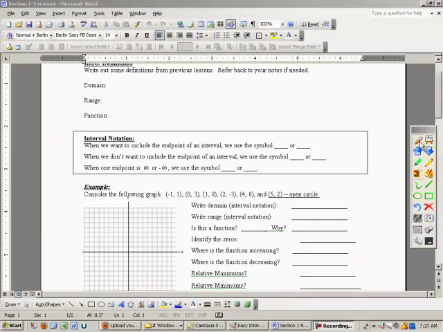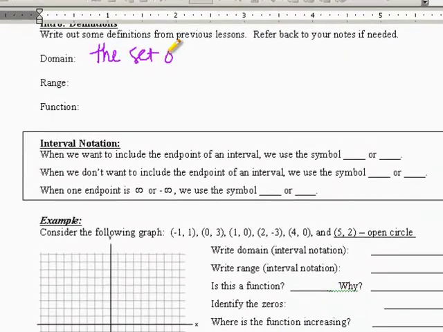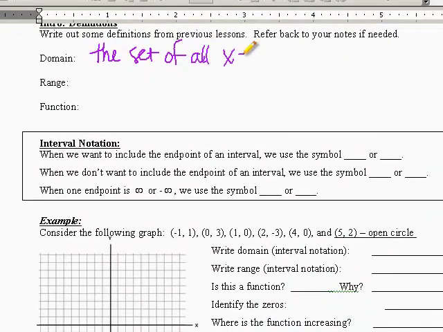First and foremost, the domain, if we go back, was the set of all x values. Range was the set of all y values.